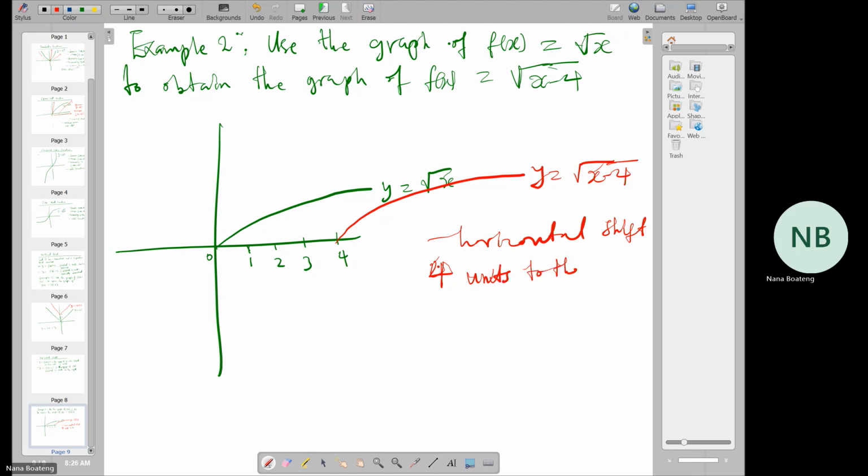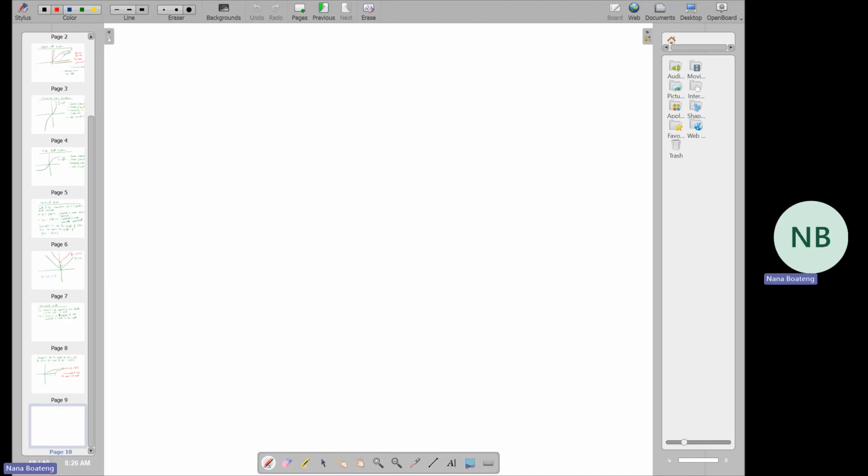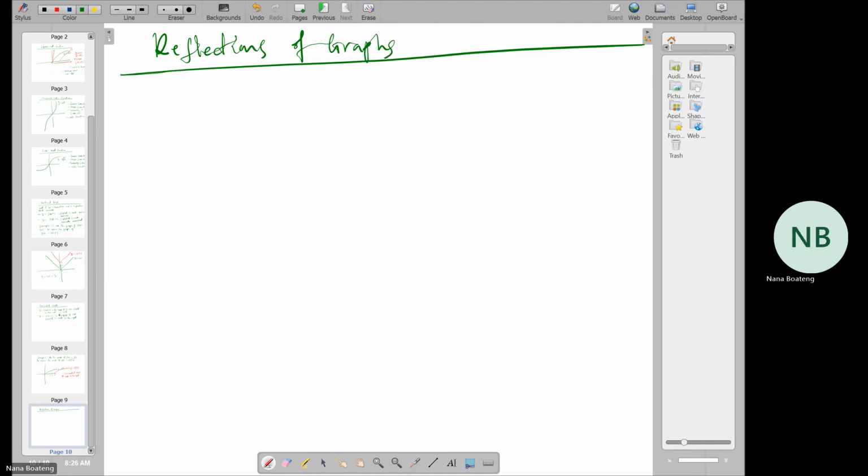Okay, let's look at reflections, the different kind of transformations that involve reflecting along the x-axis or the y-axis. So the reflections. Reflections of graphs.